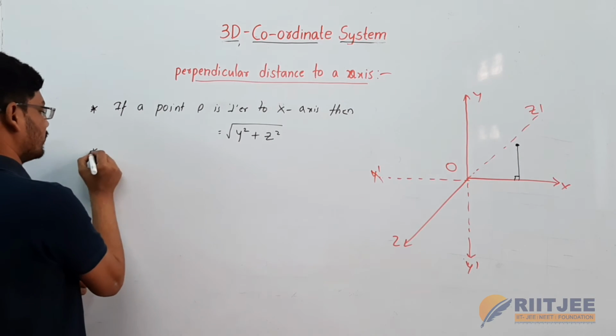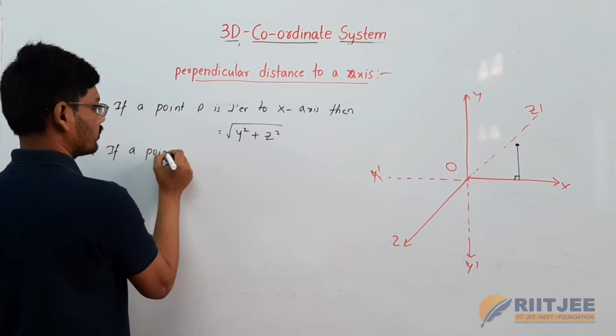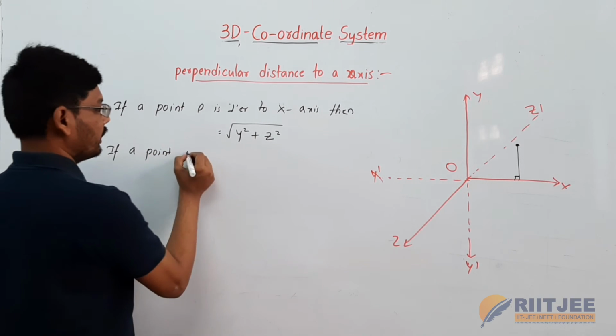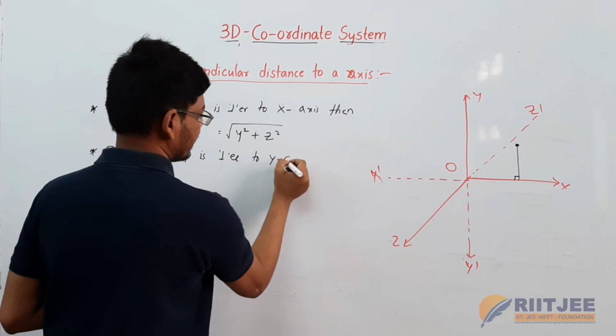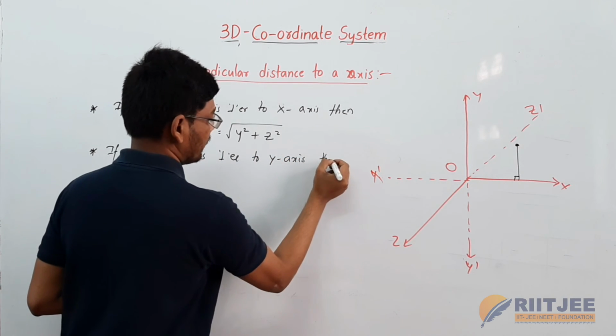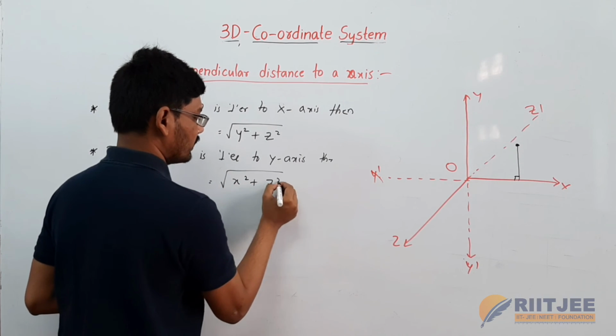And if a point P is perpendicular to the y axis, then the value will be the square root of x square plus z square.